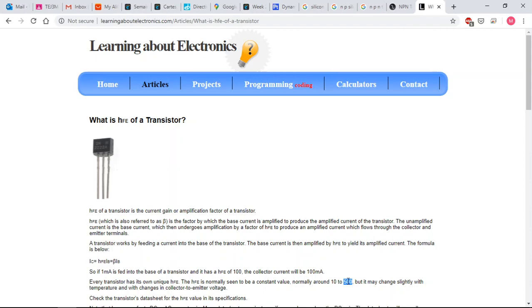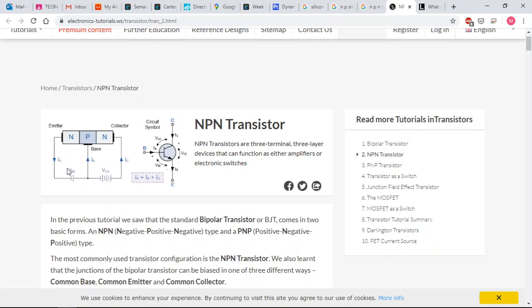All it's telling you is the factor by which IC gets controlled by IB. So let's say that again, and go to our drawing. Let's say I have 1 milliamp here as IB, and my HFE is 100.